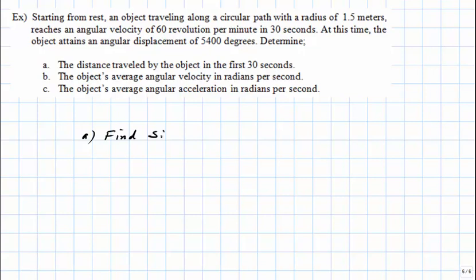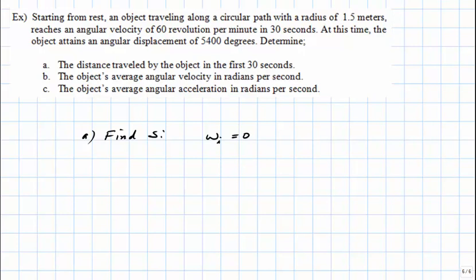But before we begin, let's take inventory of what is given within the problem. Now, the words starting from rest imply that the initial angular velocity equals 0. And of course, initial angular velocity is represented by omega initial. Omega initial in this case equals 0.